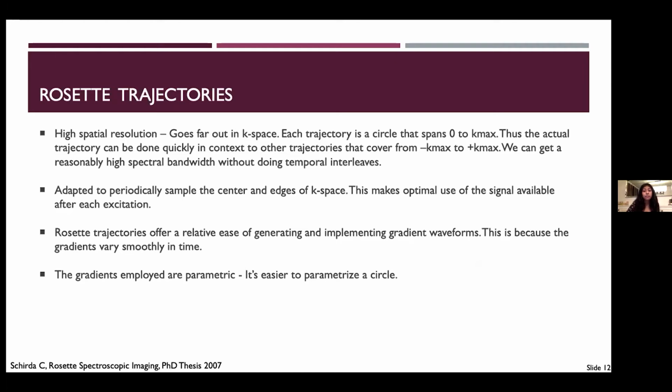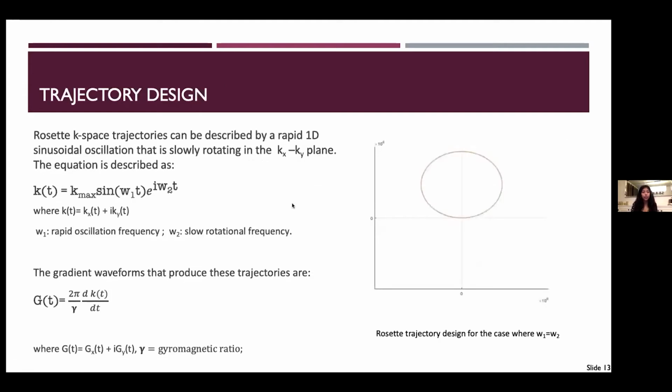And since the gradients vary smoothly in time, this also obeys all the limitations with regard to slew rate and gradient limitations. So this is the equation that I'm using in the development of my sequence.